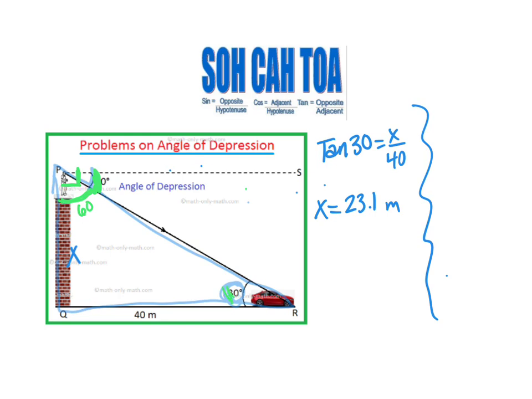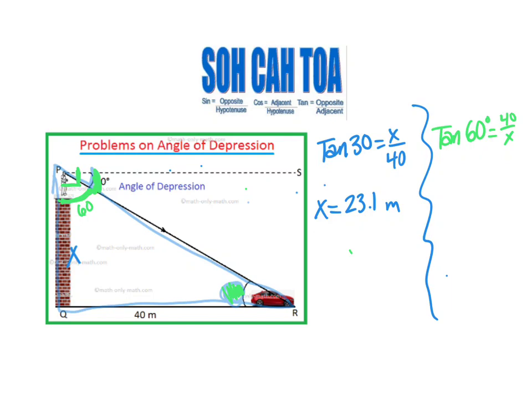Let's pretend we didn't do this 30 thing down here. You still have tangent. Opposite is 40, adjacent is X. So tangent of 60 degrees is equal to the opposite over the adjacent. Okay, now when you do this problem and set this up, I have a different angle and my fraction gets flipped.